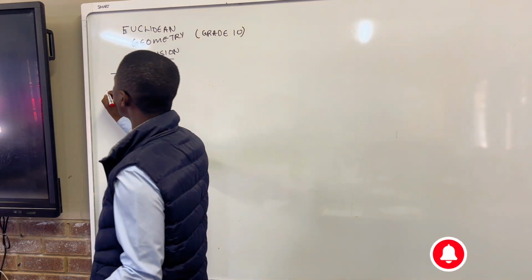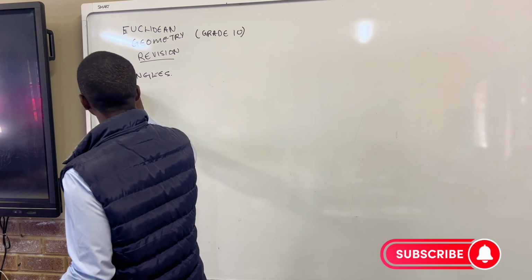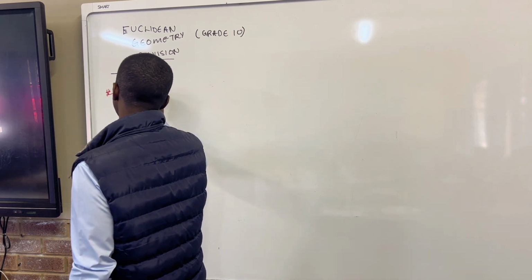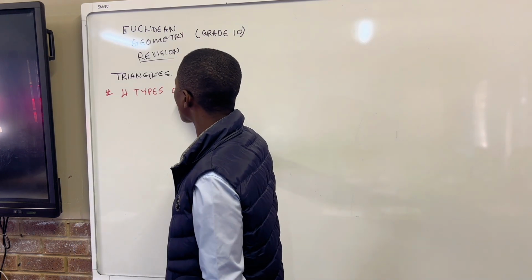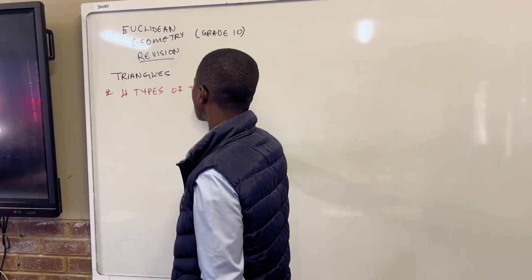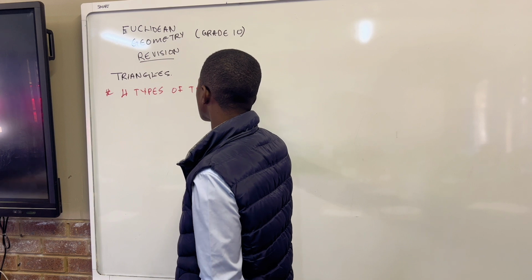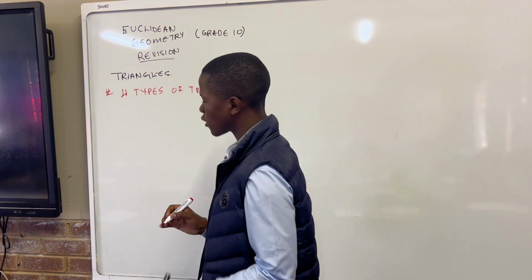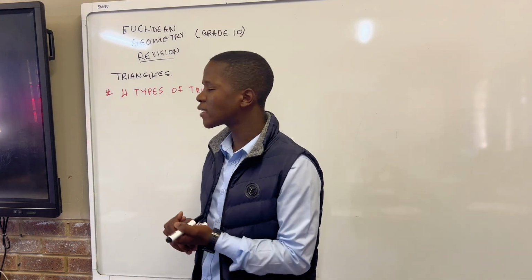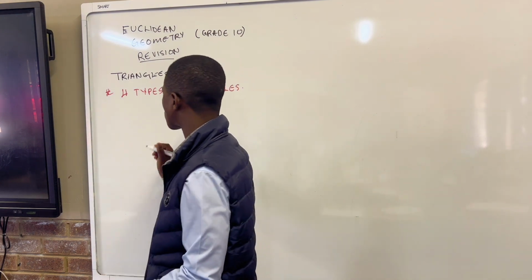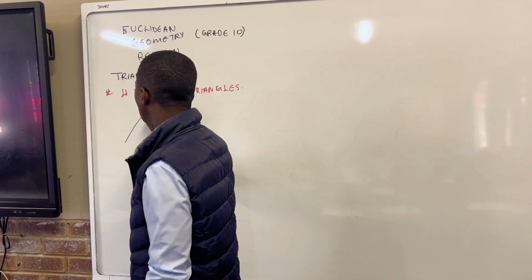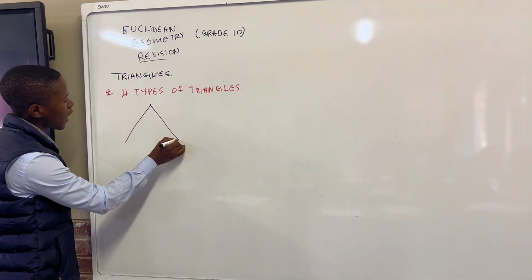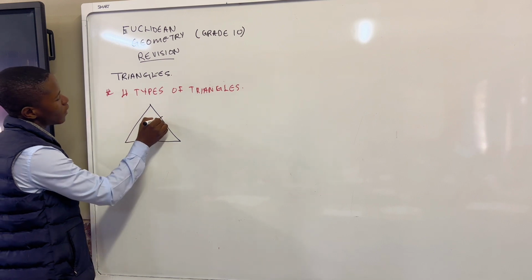We know that we have four types of triangles. And firstly, the first type that all of us know is our equilateral triangle.